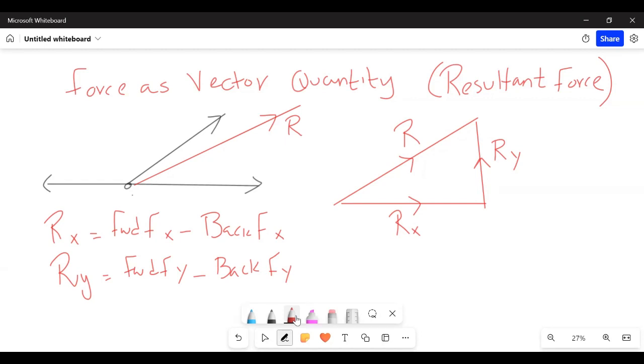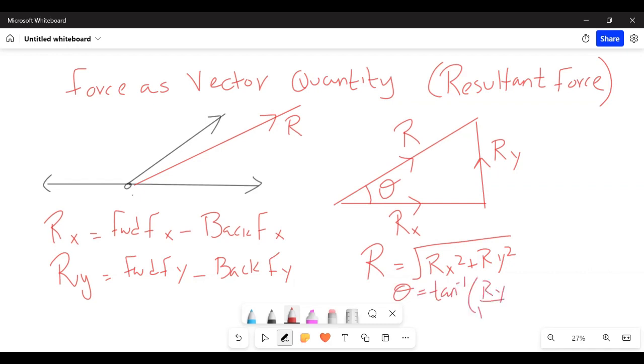If you have Rx and you have Ry, you should be able to find R using Pythagoras theorem. If you have Rx and Ry, you should be able to find the theta of R, the resultant force, which is theta equals tan inverse Ry over Rx.